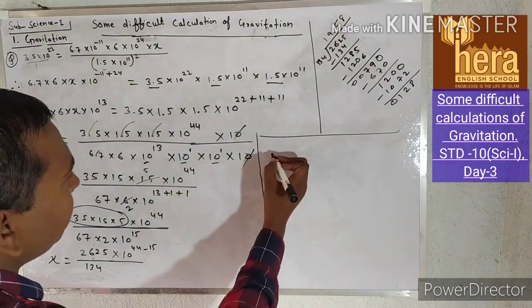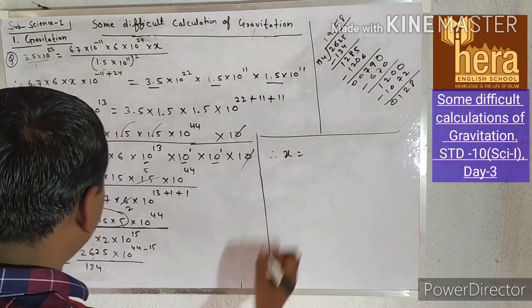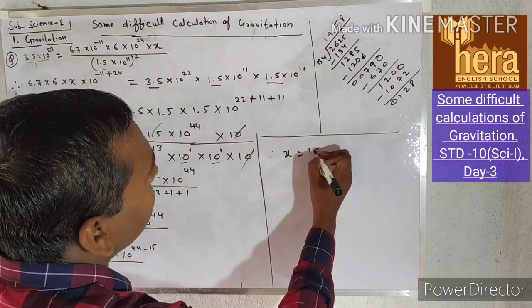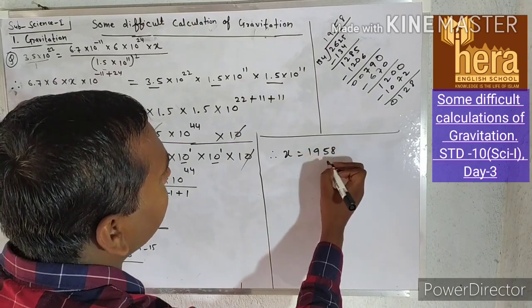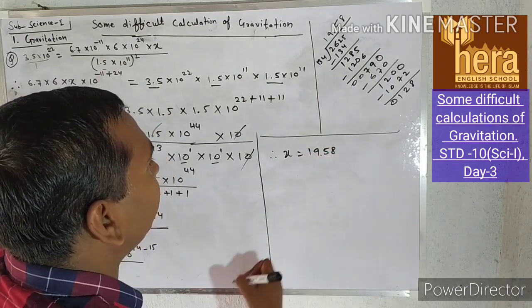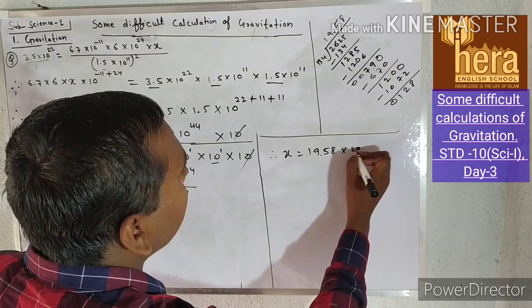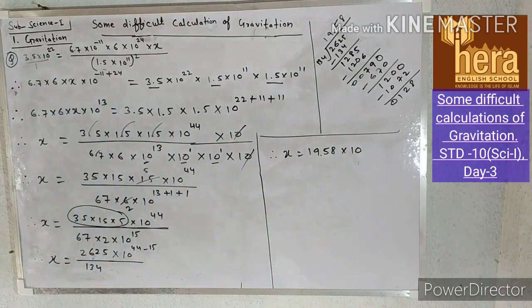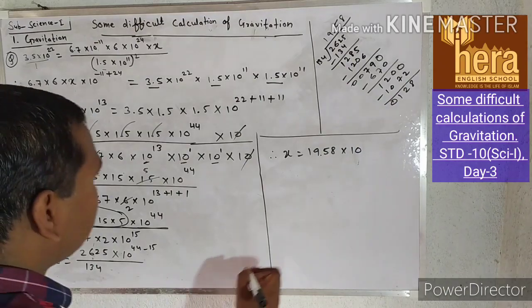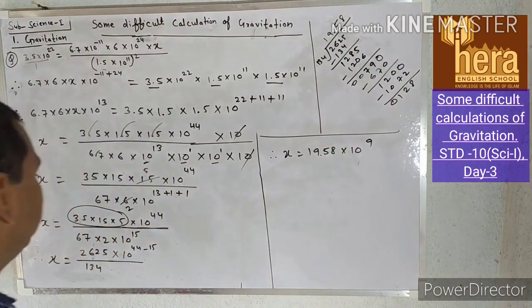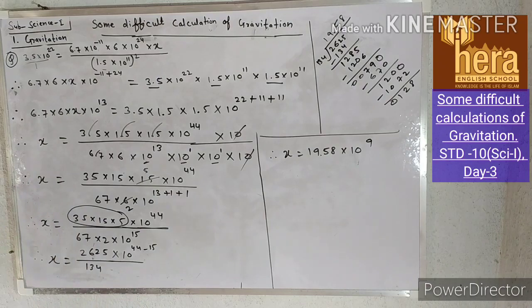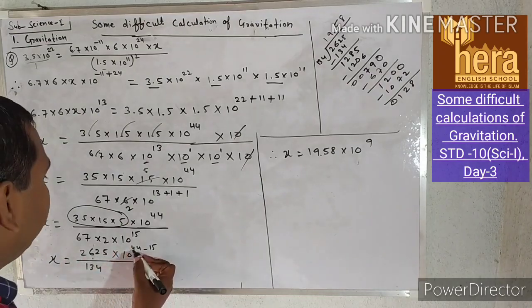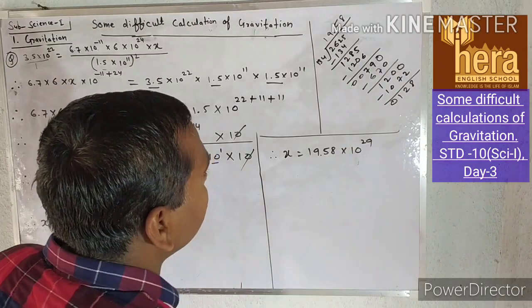Therefore x will be equal to 19.58 into 10 raised to 44 minus 15, that is 29. And 3 minus 1, that is 2.